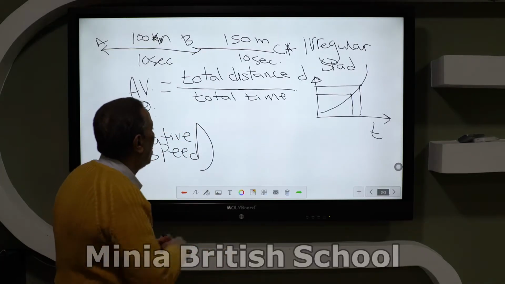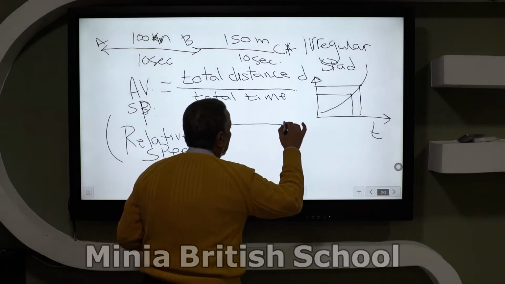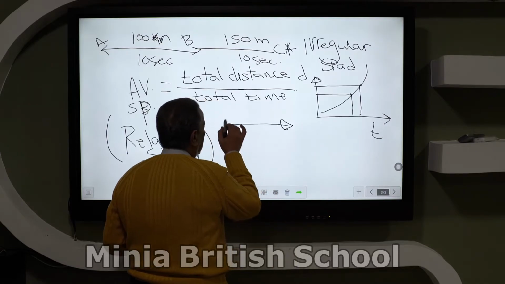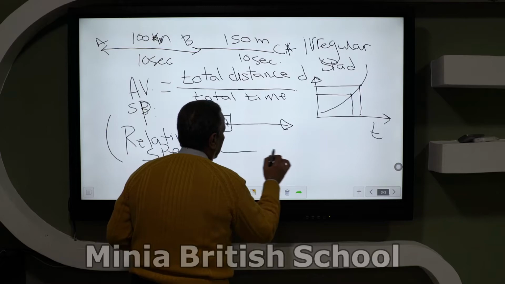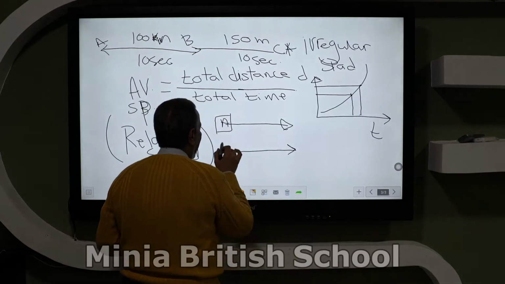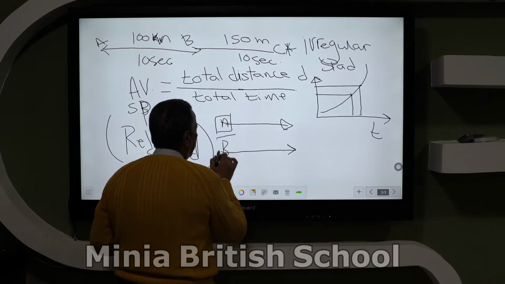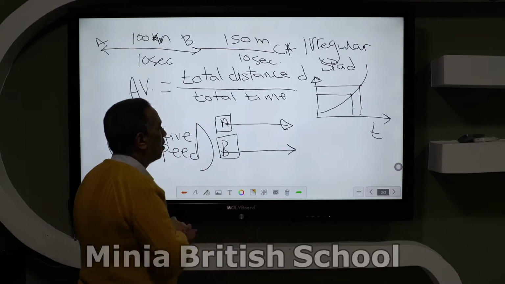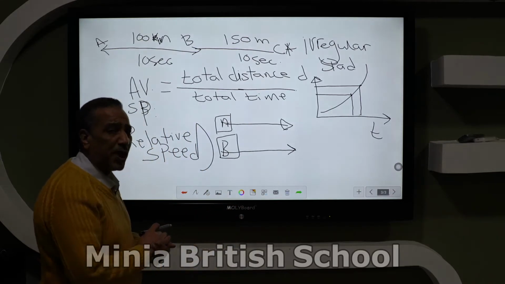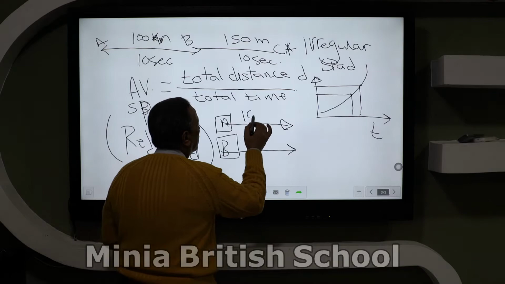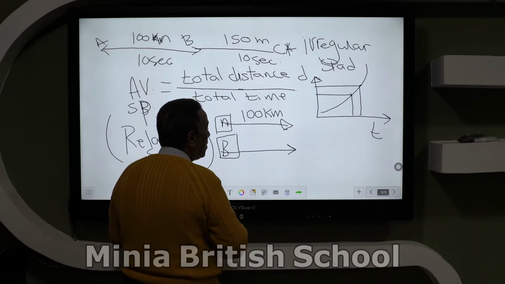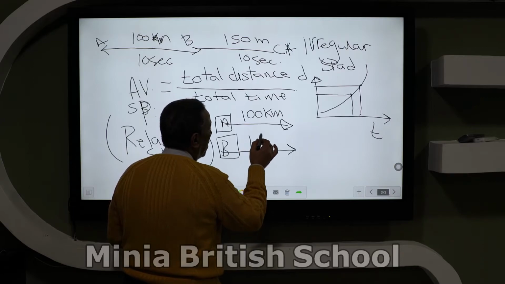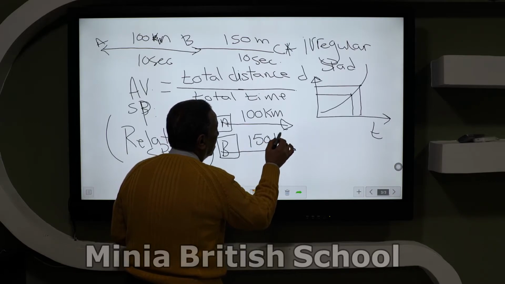If you have two bodies moving in the same direction, car A and car B, car A in this case is moving with 100 kilometers per hour and car B is moving with 150 kilometers per hour.